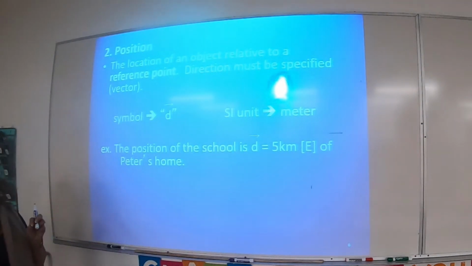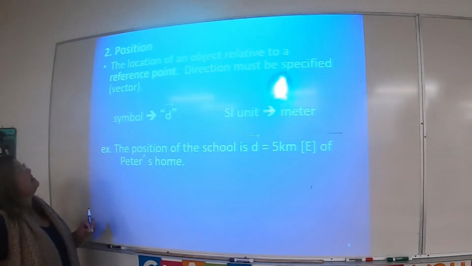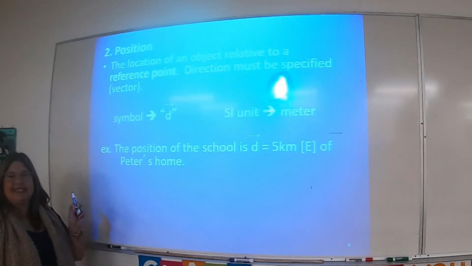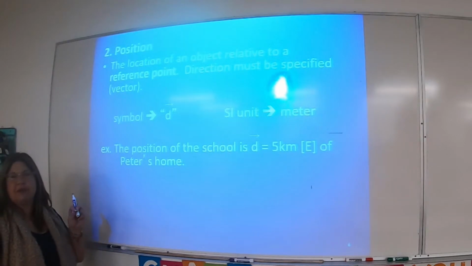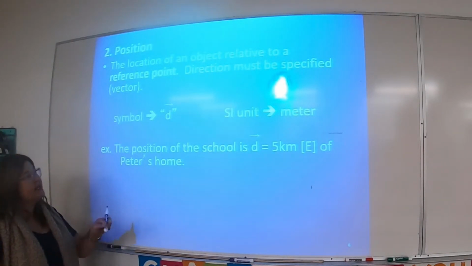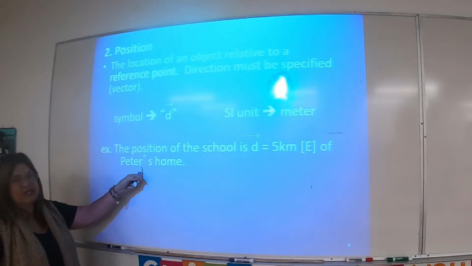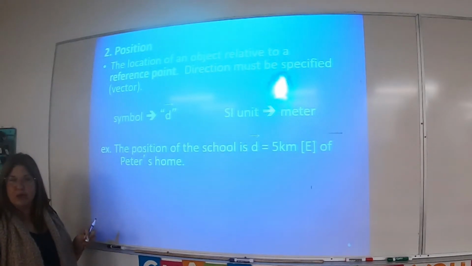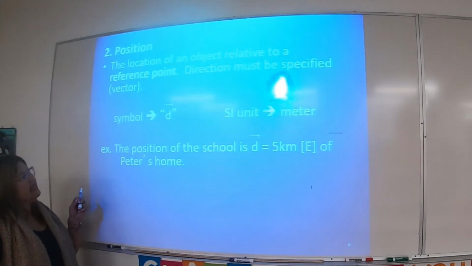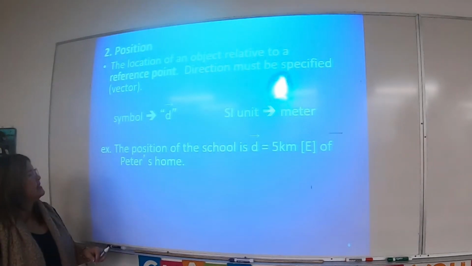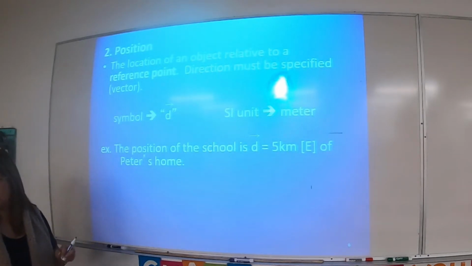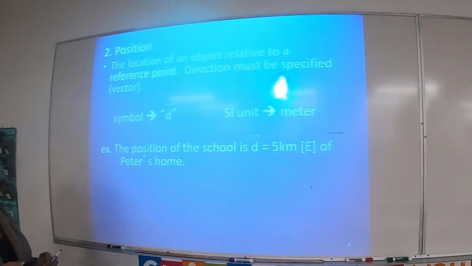Okay, so position, and I think I said that incorrectly there. Position is different than displacement. Position has a direction, and it has to have that reference point. And the reference point is Peter's home. He's 5 kilometers east of Peter's home. So position is where he is.